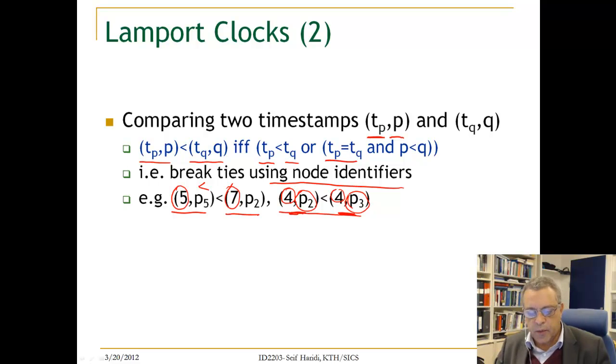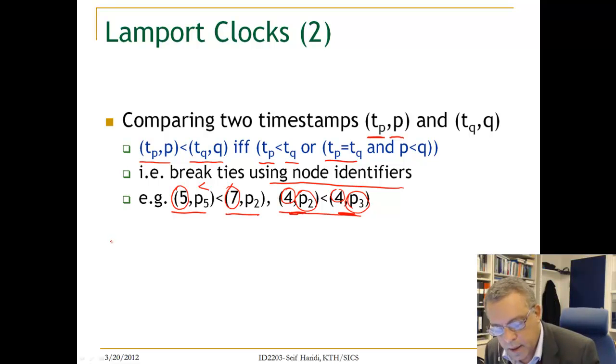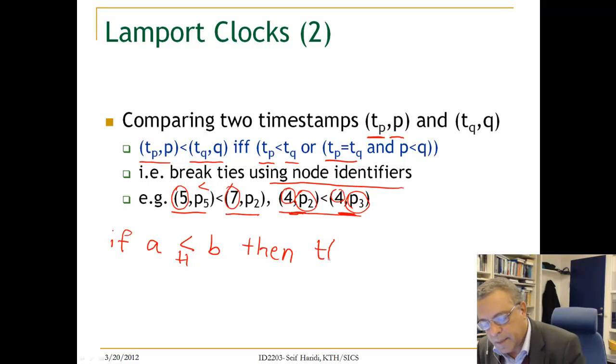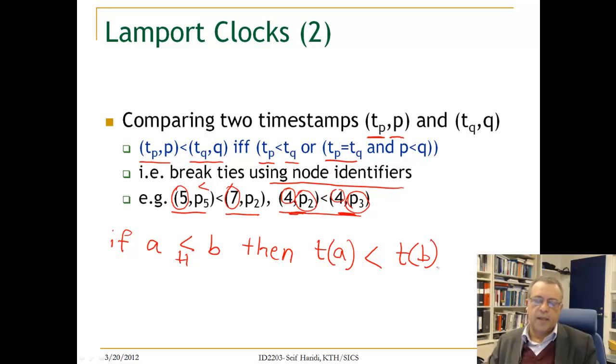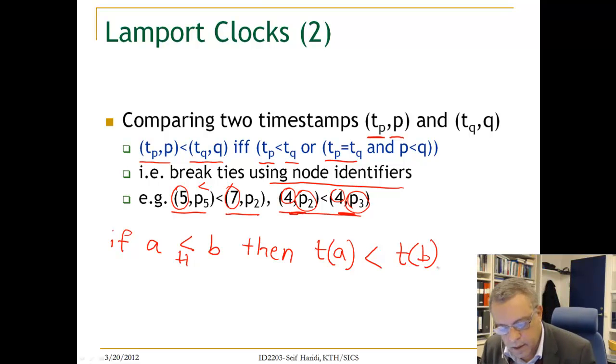The property that we have is the following. If an event A happens before an event B, then we can guarantee that the timestamp associated with event A is less than the timestamp associated with event B. You can see this from the way the counters corresponding to Lamport clocks are incremented.